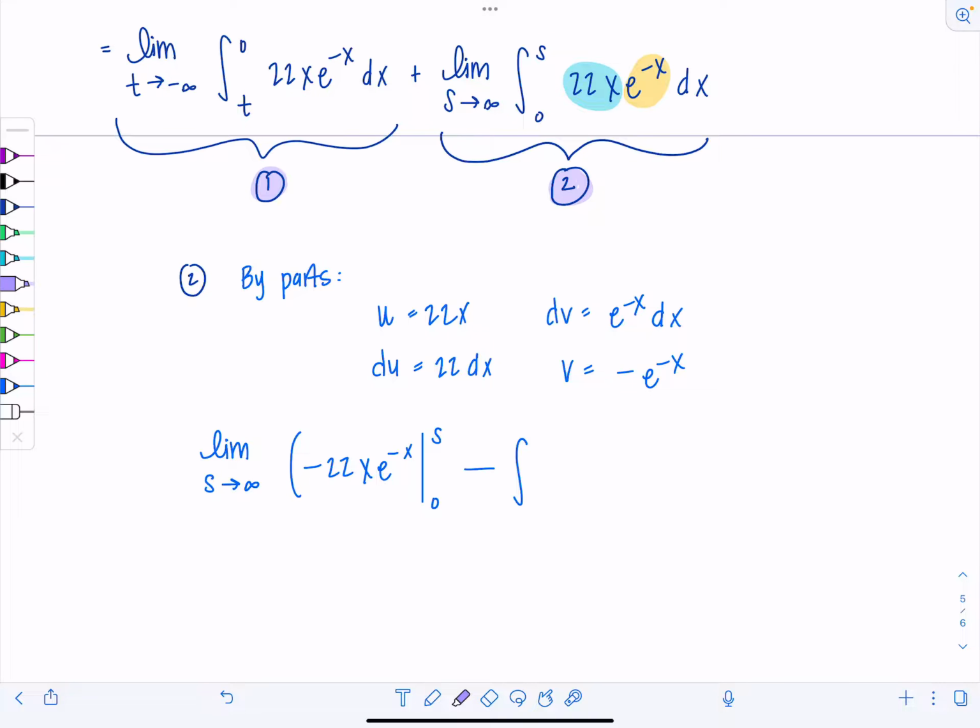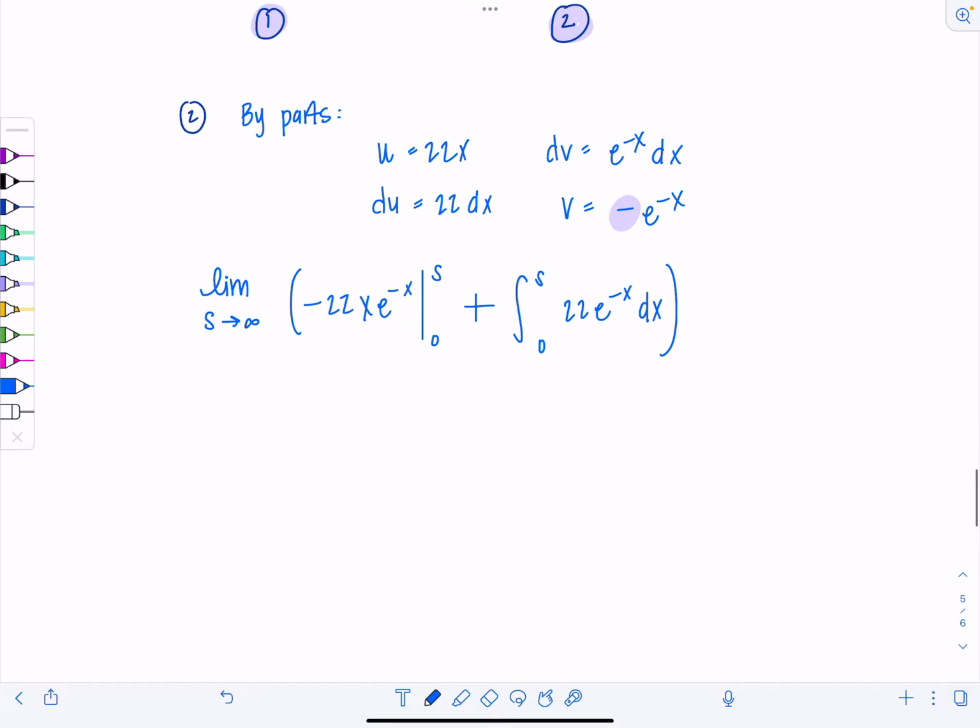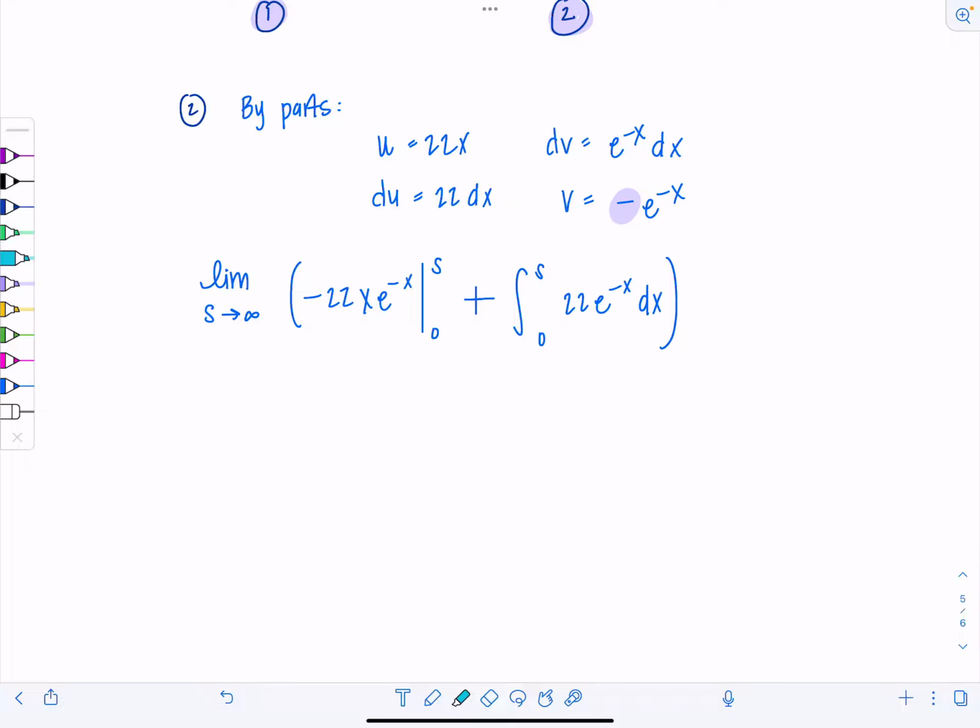But since v has a negative sign, this is going to make this addition: the integral from 0 to s of 22 e to the negative x dx. This integral should be no big deal. 22 is just a constant. The antiderivative of e to the negative x would be negative e to the negative x.